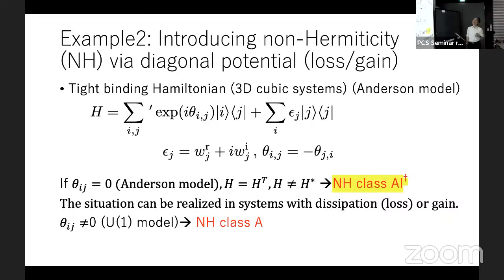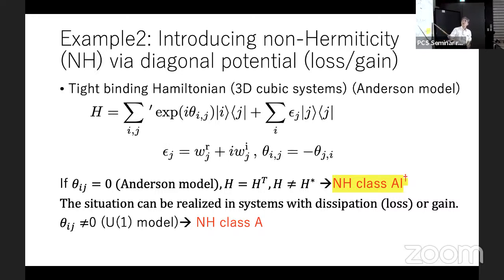It is a non-Hermitian model where the non-Hermiticity is introduced in the site potential. That is, the site potential is now imaginary. We have this imaginary part of the potential.